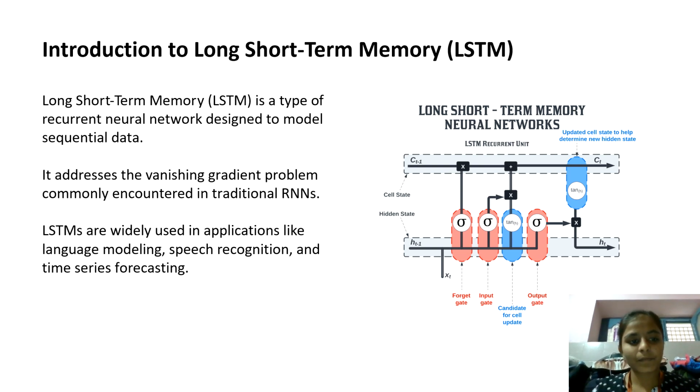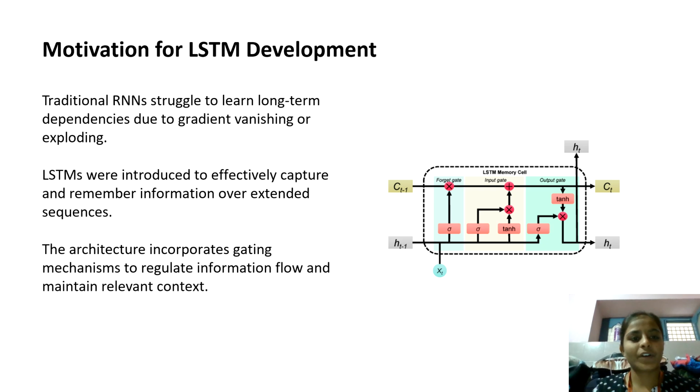And next, coming to the motivation for LSTM development. Now, let us understand why LSTM was developed. Traditional RNNs can struggle to learn long-term dependencies during training. Gradients may become very small, which is known as the vanishing gradient problem.